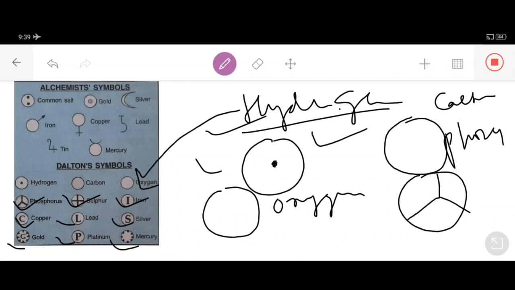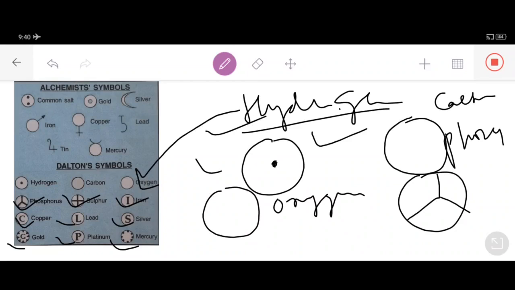But the problem with the Dalton symbols, dear students, was that it was very difficult for a person to remember symbols like this. So these symbols were discarded as far as IUPAC nomenclature is concerned. IUPAC, the International Union of Pure and Applied Chemistry, nowadays approves names of elements.